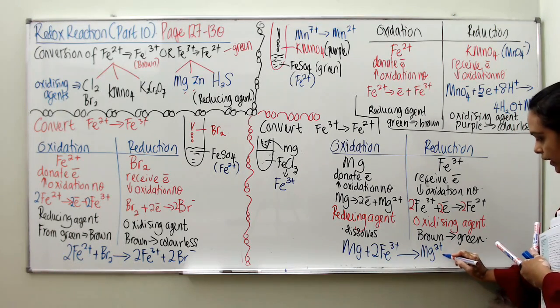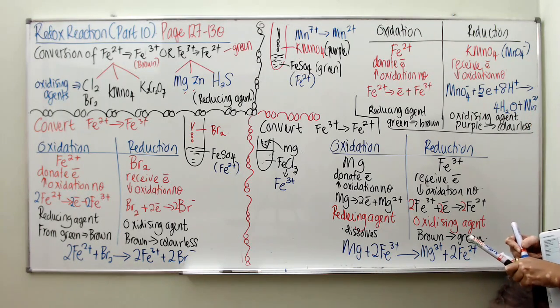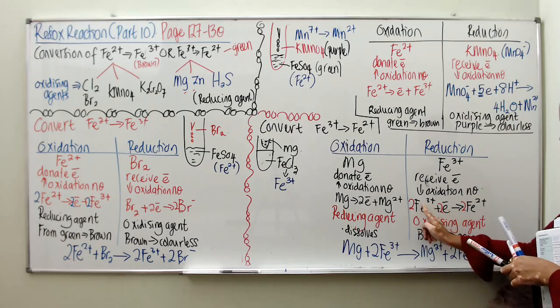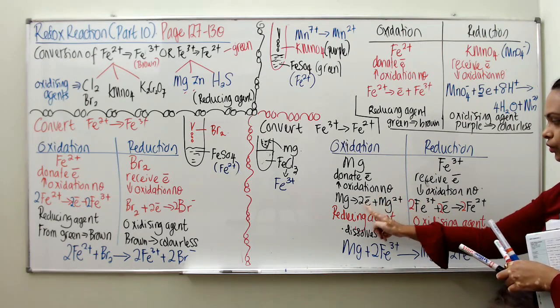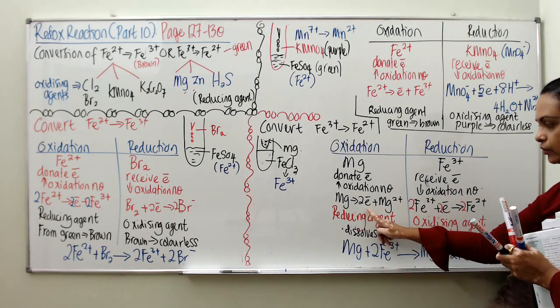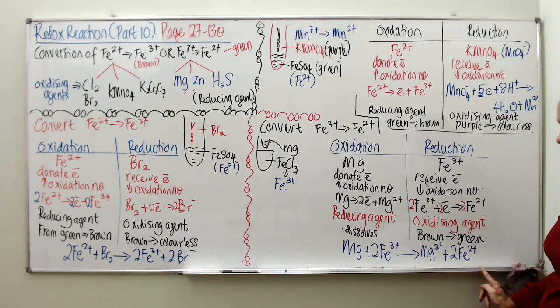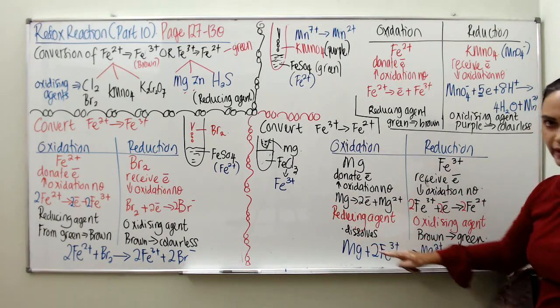And 2Fe2+. Can you see that the electrons have been cancelled in order to balance the electrons left and right? So this is what we call the overall ionic equation for this reaction.